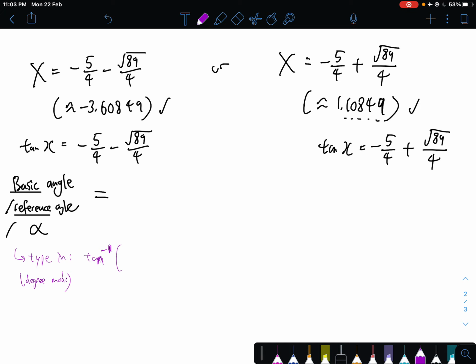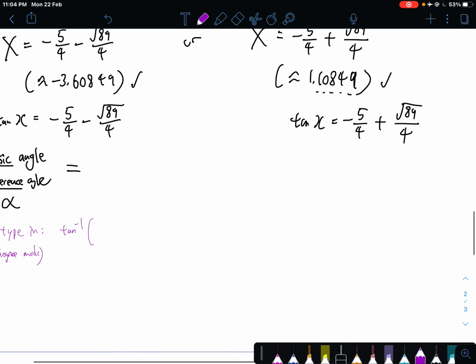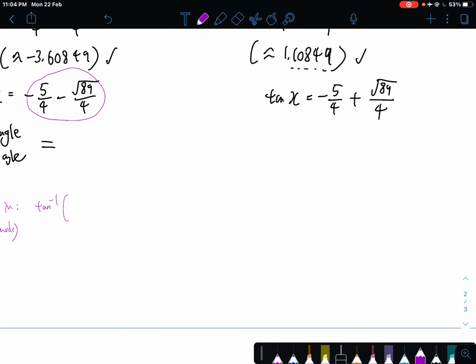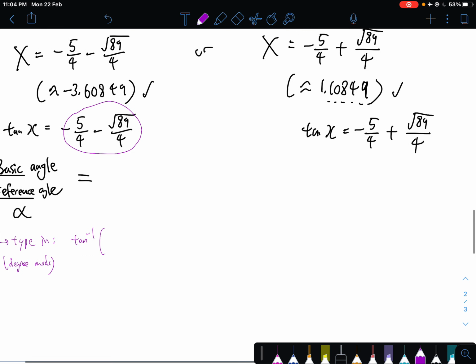Then we're going to find our basic angle by using tangent inverse. Tangent inverse of this quantity over here, you notice that we already roughly know that it's -3.6, right? But when we are looking at tangent inverse, we have to ignore the sign.